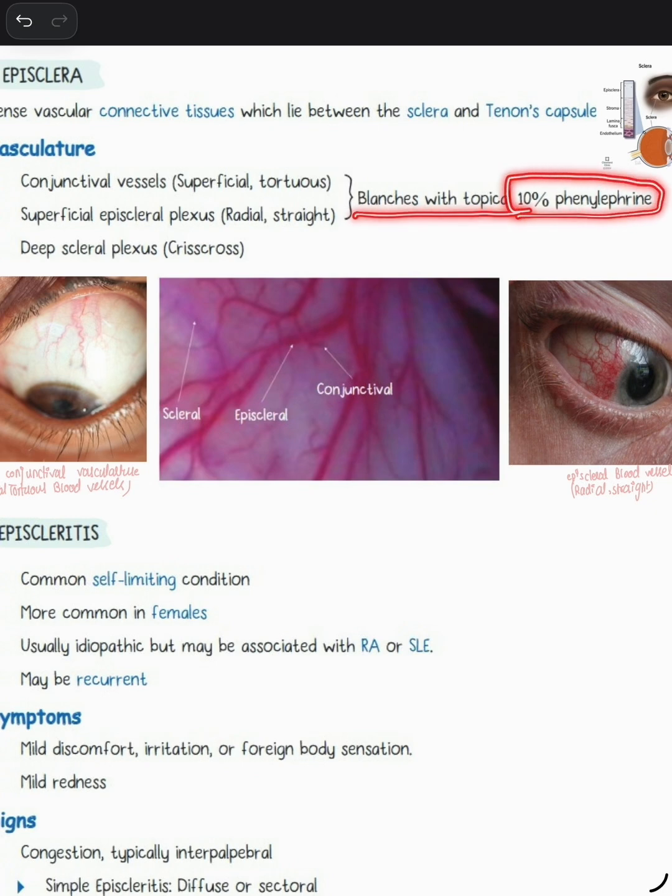So if we instill phenylephrine into the eye, the conjunctival blood vessels and the superficial episcleral plexus blanch, but the deep scleral plexus does not blanch.